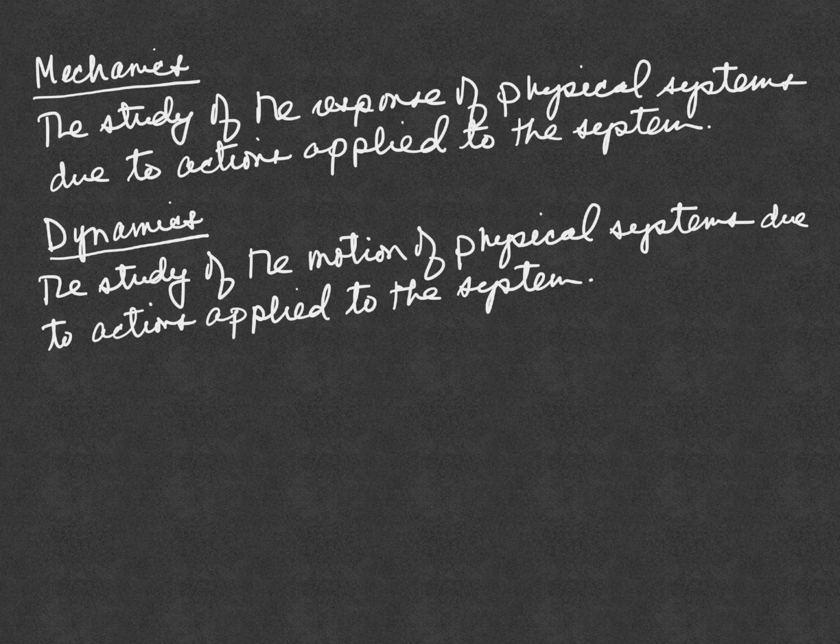Now, within the subject of dynamics, in order to study dynamics, we actually have to study two separate aspects and then put them together. Now, these two aspects are subjects in and of themselves. The first one is what's called kinematics.